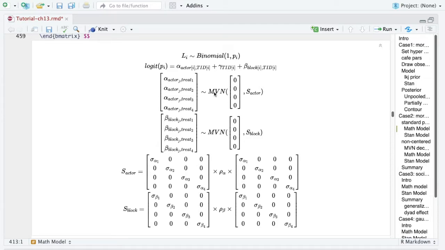Our assumption is that the outputs of one actor, or of one block, under different conditions may be correlated. So our prior should be a 4-dimensional multivariate normal distribution, which generates 4 correlated outputs at once. And since we have 10 different chimpanzees, we will draw 10 outputs from the same multivariate normal distribution.